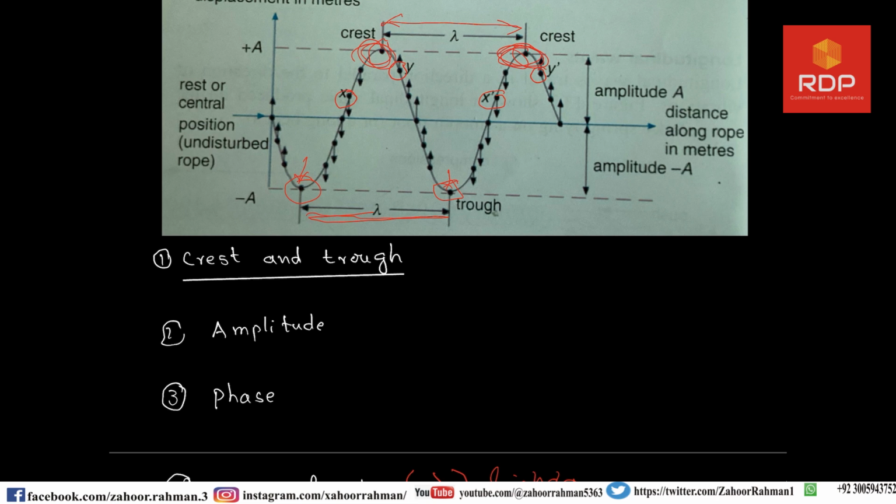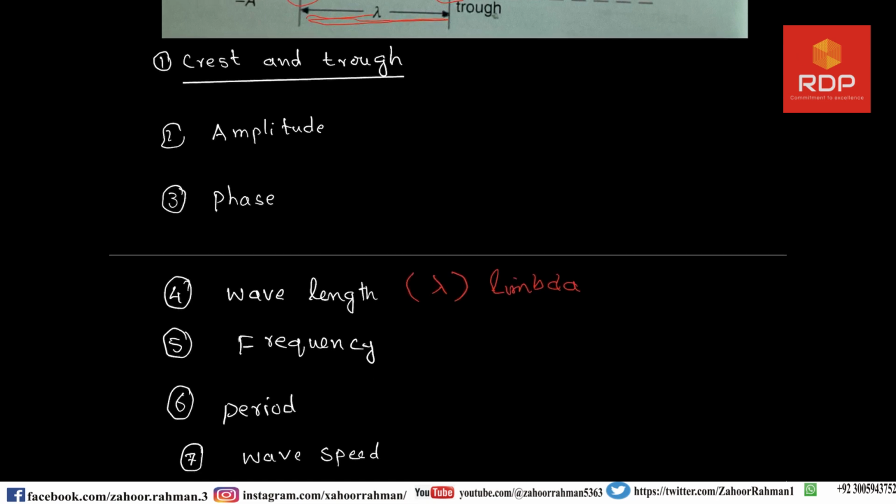Now next is very important, and that is frequency. The number of vibrations per second is called frequency. Or, very technically, this is the number of complete waves produced per second.